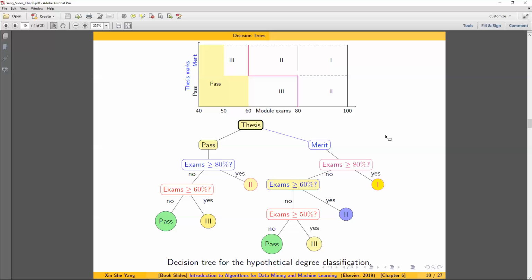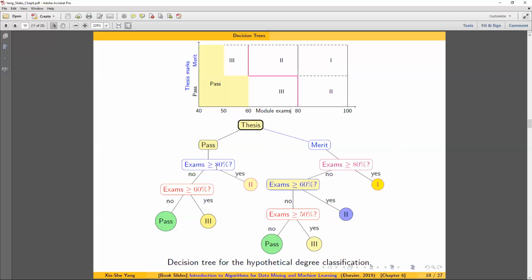The first decision variable is whether the student gets a pass or merit. If he gets a pass, then let's check his exam score. If his exam score is larger than or equal to 80%, then he belongs here, which is second class of the final grade.